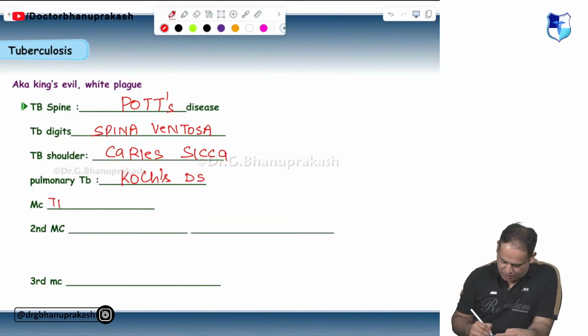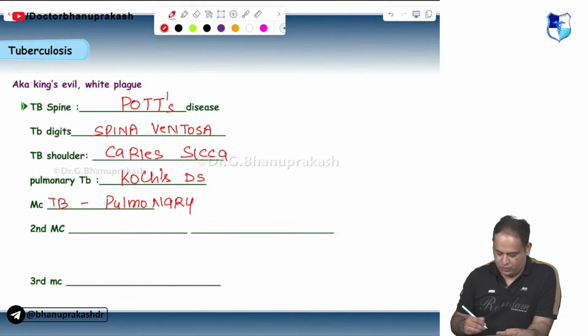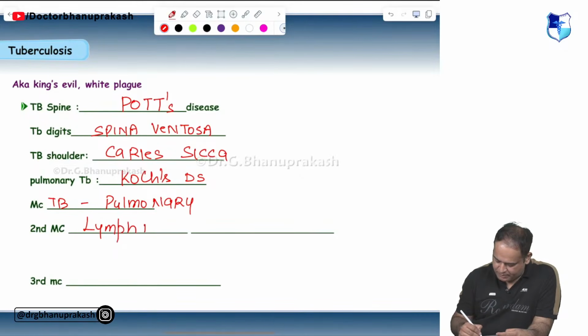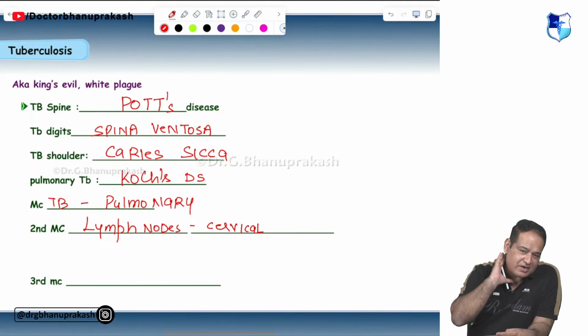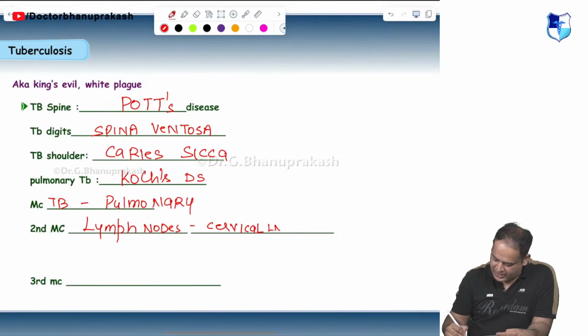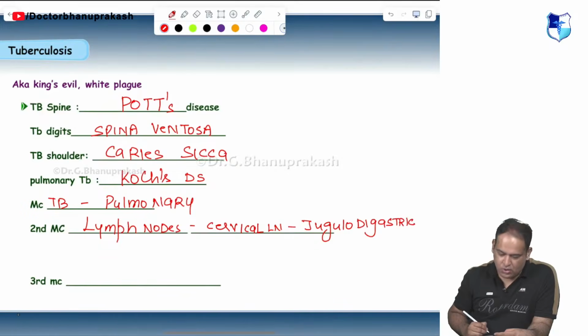The most common type of TB is pulmonary tuberculosis. Second most common is about lymph nodes. Which lymph nodes? 40% of lymph nodes of the body are in the neck. So cervical lymph node. Which cervical lymph node? Jugulo-digastric.